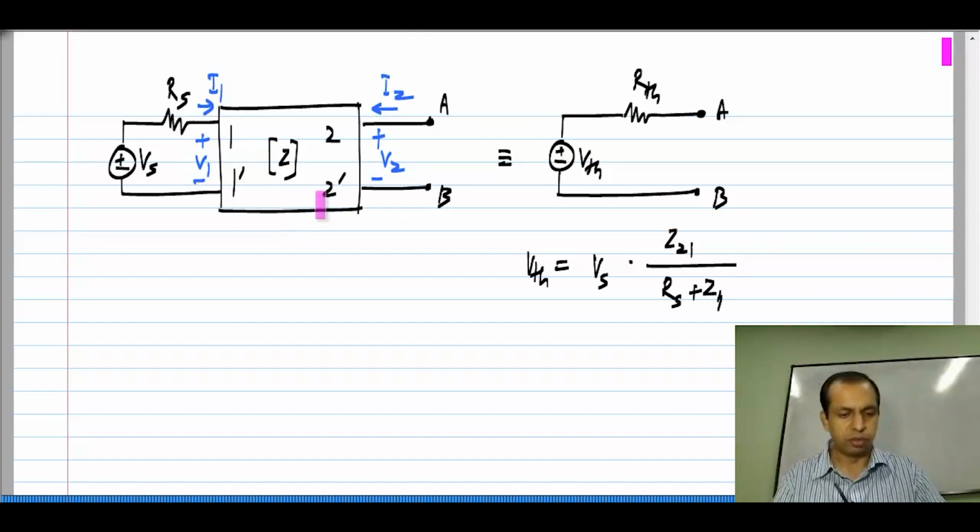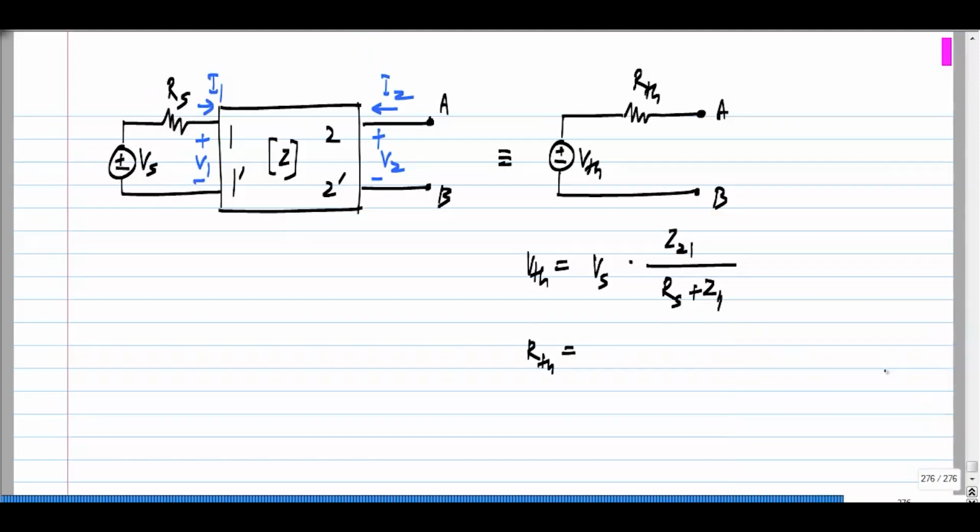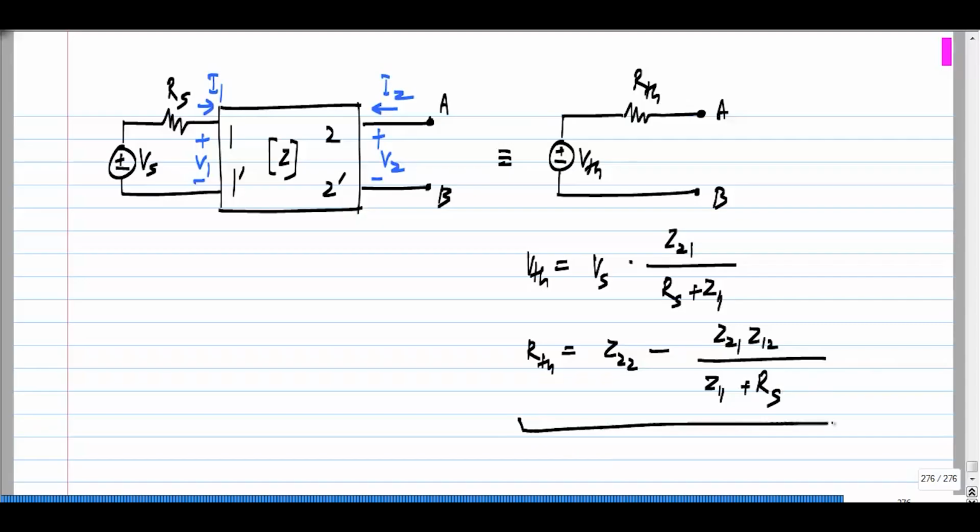You see that it is dependent on this network as well as the voltage source and resistance connected to it, and RTH is Z22 minus Z21 Z12 divided by Z11 plus Rs. So, you can have a 2-port and some circuit using the 2-port, and the whole thing can be represented by its Thevenin equivalent circuit.